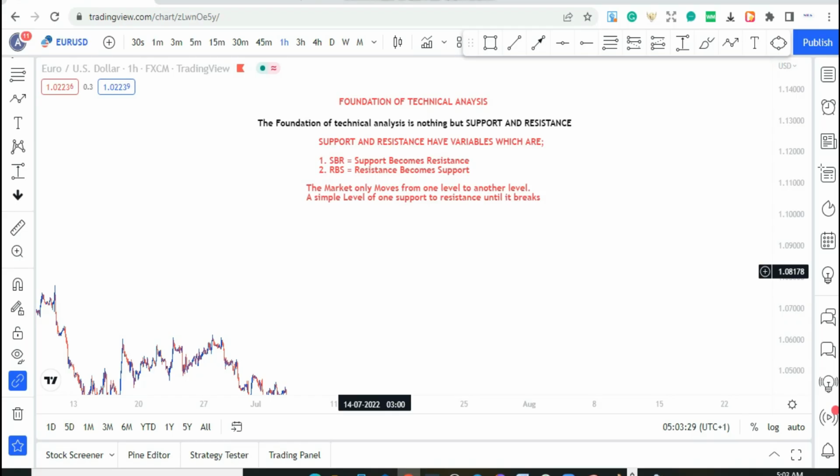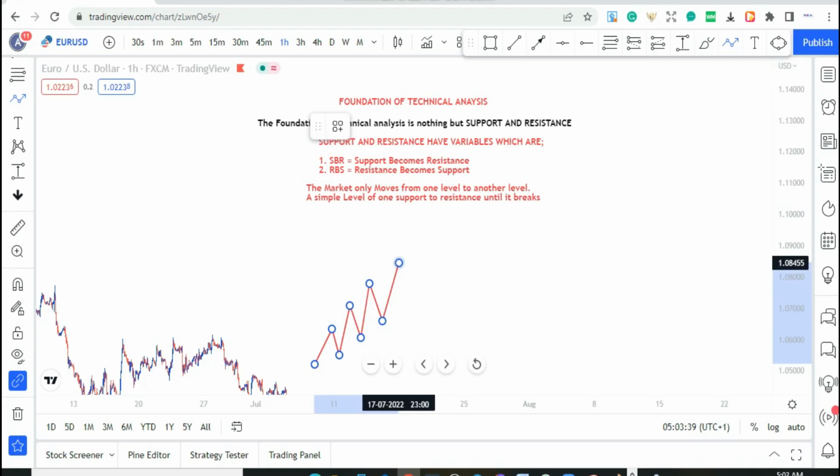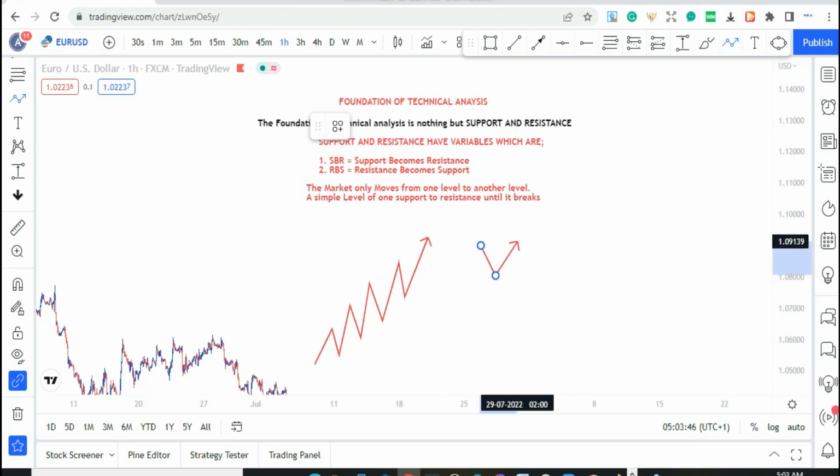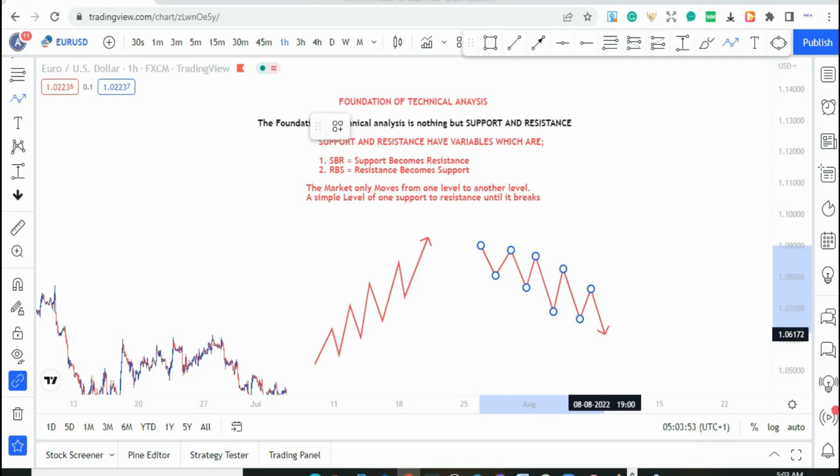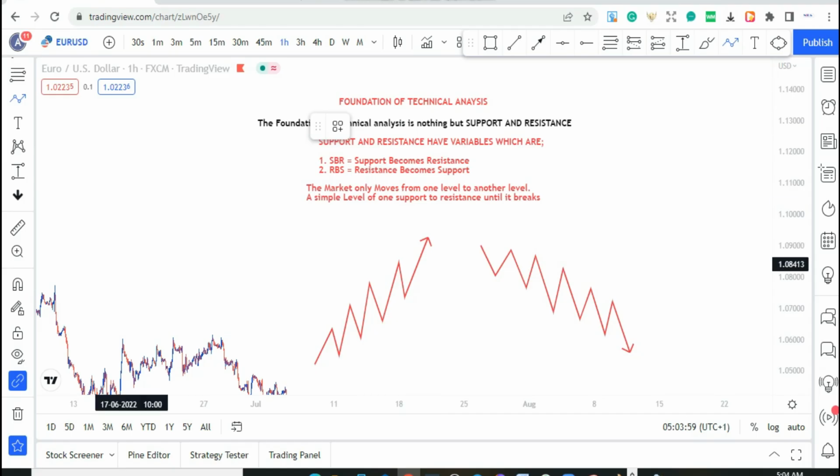Now, this is what I'm trying to say. This is how the market moves. If there's any other way it does, please let us know.